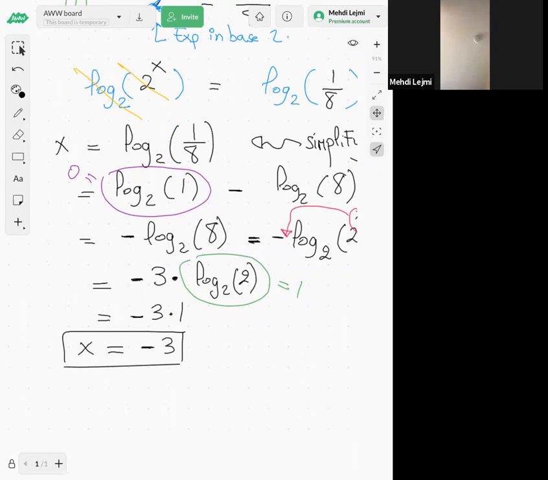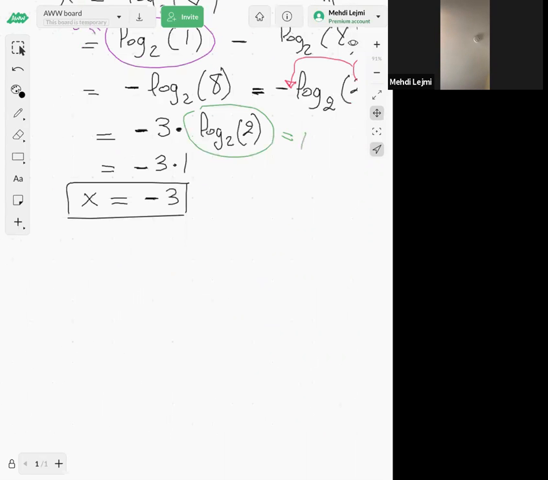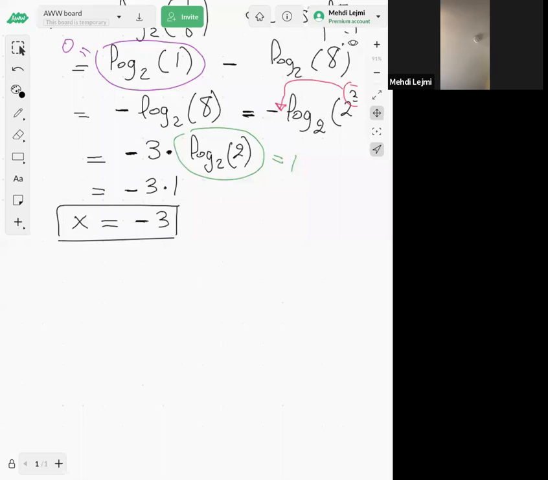So here's a similar exercise. We have to solve for x.